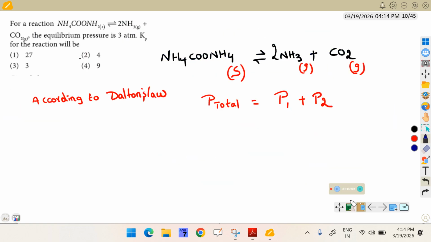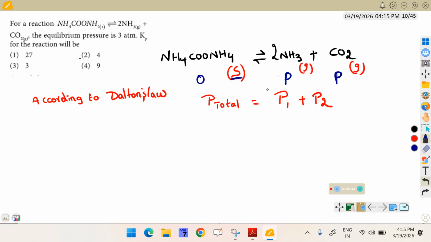For the reaction NH4COONH2 gives rise to 2 moles of NH3 plus CO2. Reactants are in solid state, so gas is 0, does not produce pressure. Products are in gaseous state, so the partial pressure of NH3 is assumed as P, and the partial pressure of CO2 is also assumed as P. Partial pressure means the pressure obtained from individual gases.